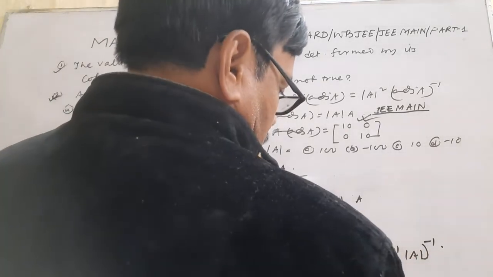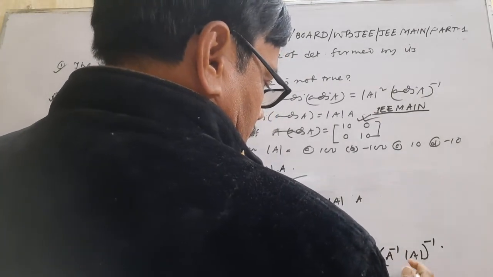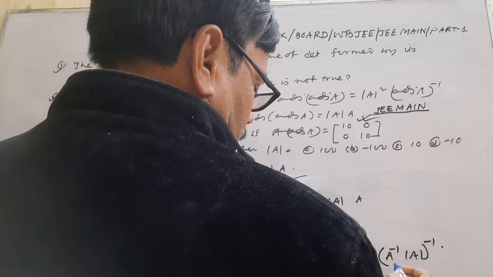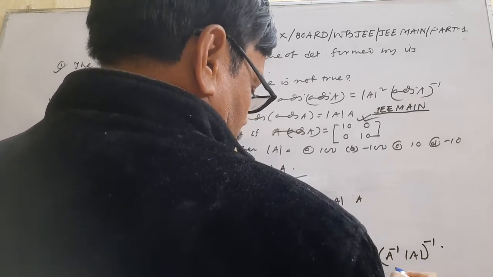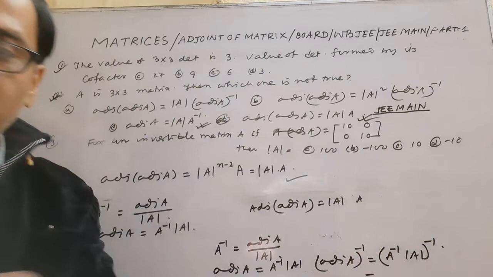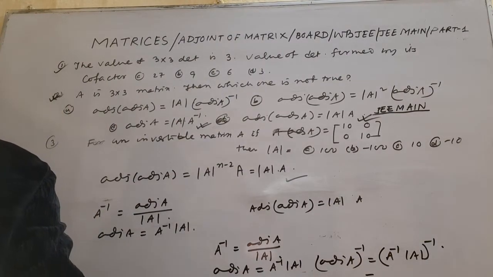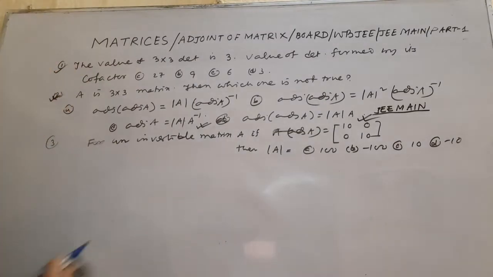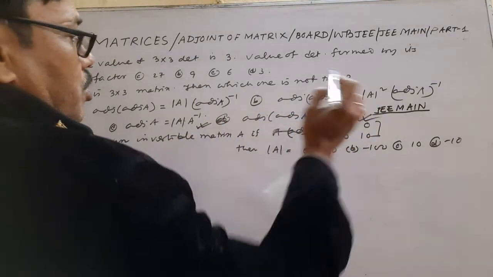So, this is not matrix, this is K into this. So, we have already proved this one is true, this one is true.